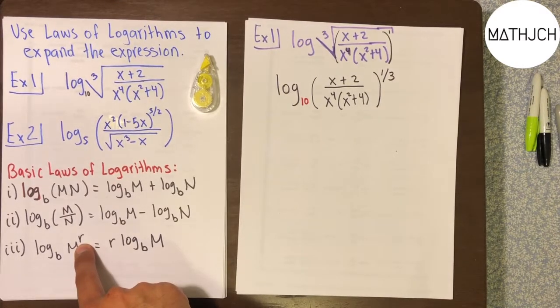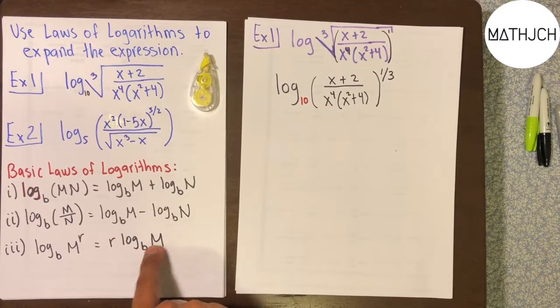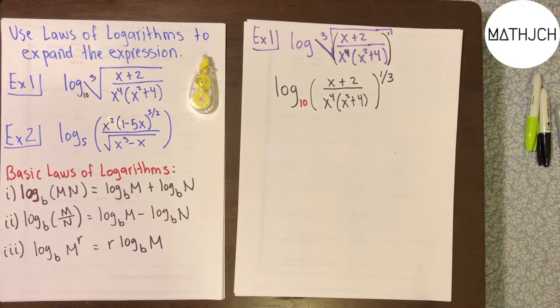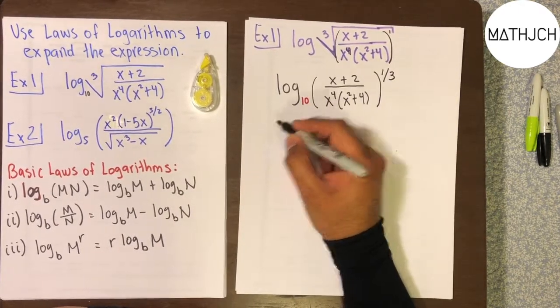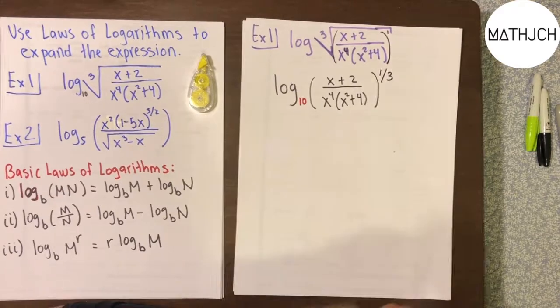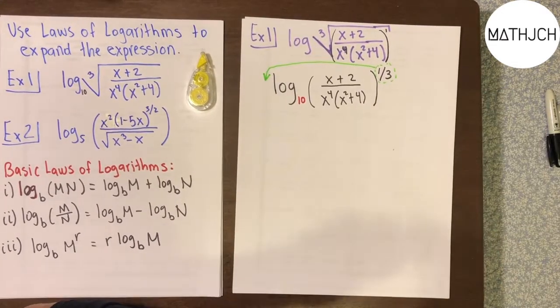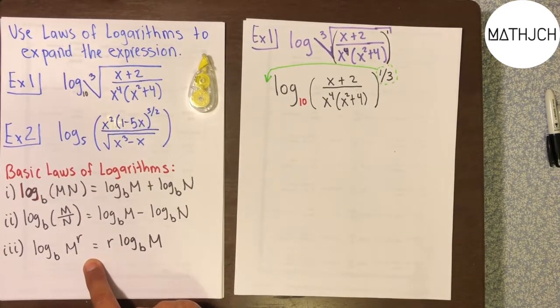So we could rewrite it as the power first and then the log of whatever is inside the parentheses. So let's do that. This log with this power, we could bring this 1/3 all the way to the front. That's basic rule number 3.